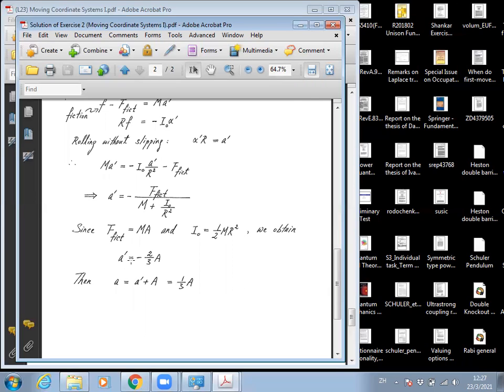So the translational acceleration of the cylinder with respect to the accelerating frame is equal to minus 2/3 of the uniform acceleration A. The acceleration measured in the left frame is equal to A prime plus A, which is equal to 1/3 of A.